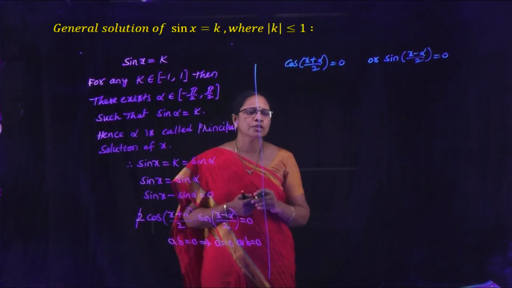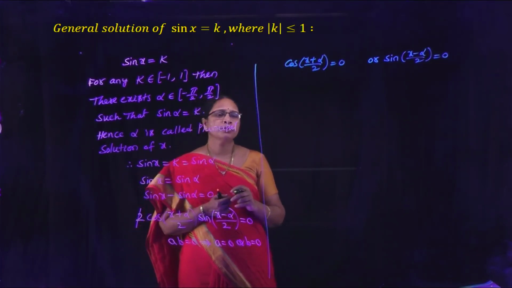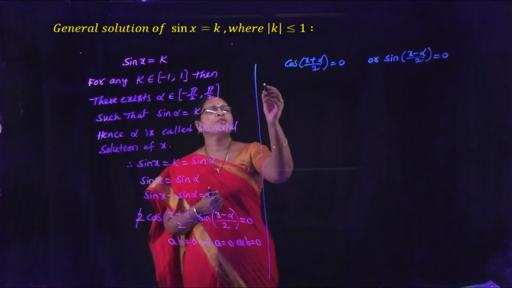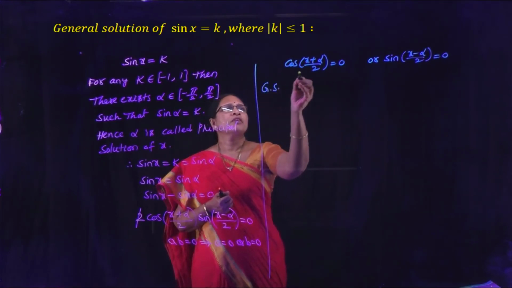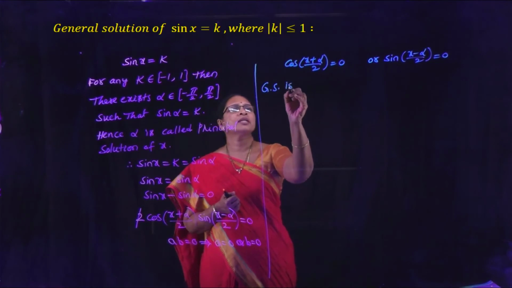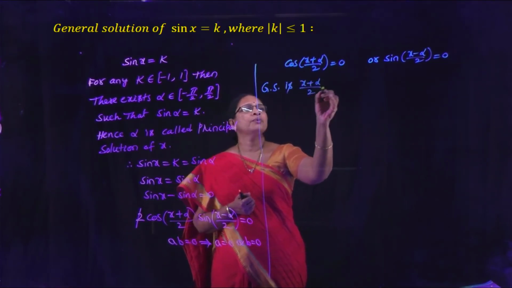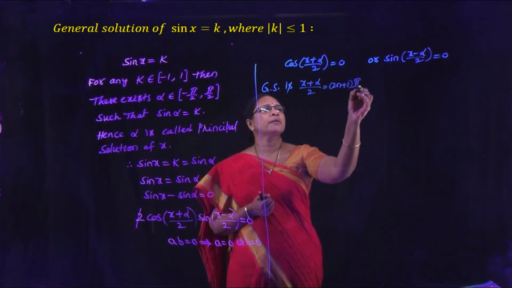We know that the general solution for cos x equal to 0 is x is equal to 2n plus 1 into pi by 2. Apply this formula. The general solution for cos x plus alpha by 2 equal to 0 is x plus alpha by 2 is equal to 2n plus 1 into pi by 2.